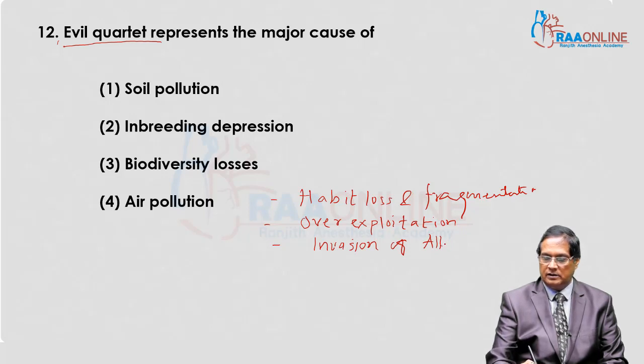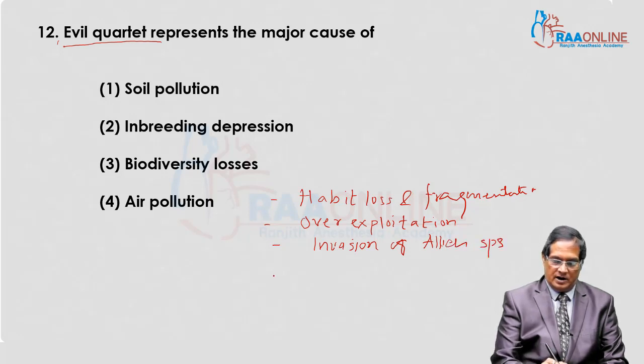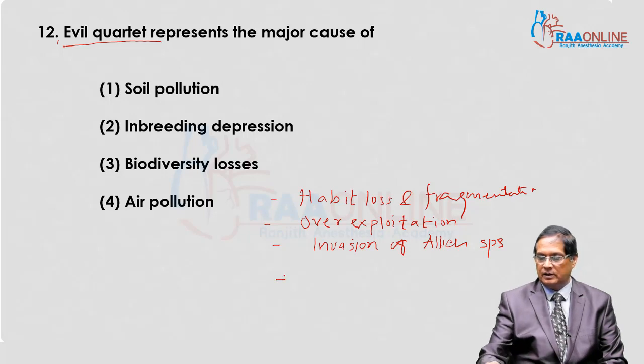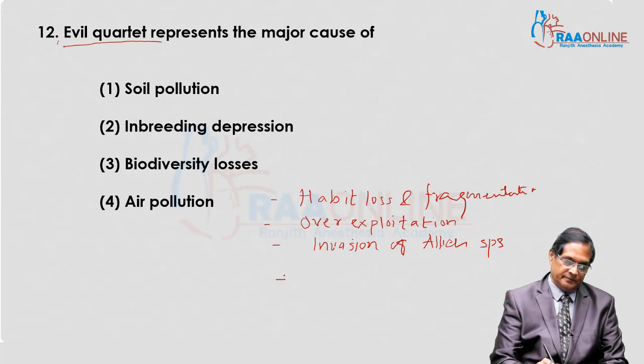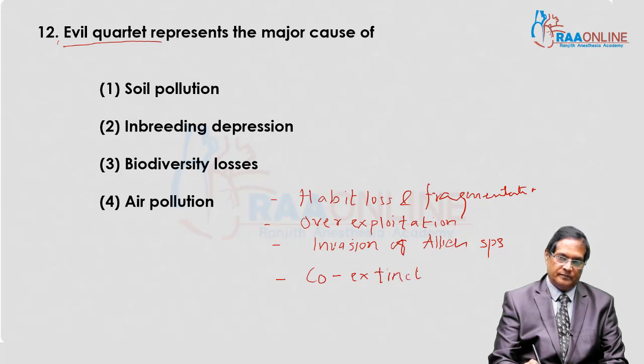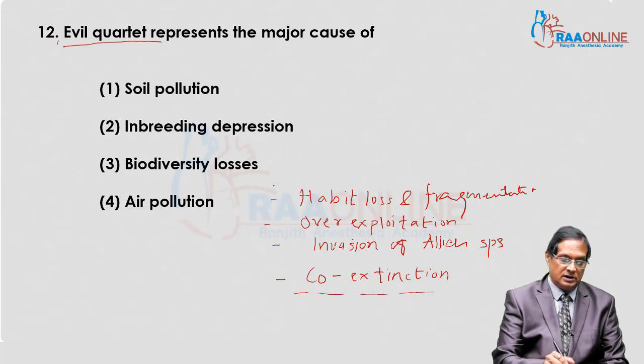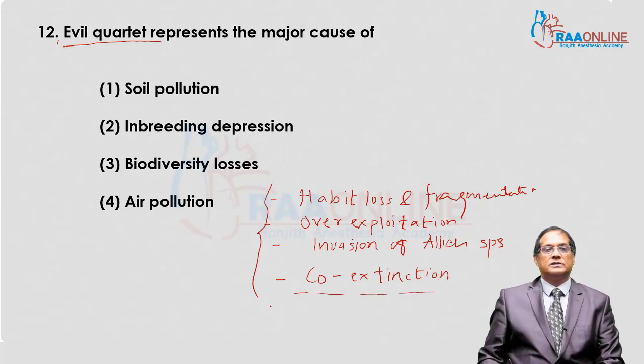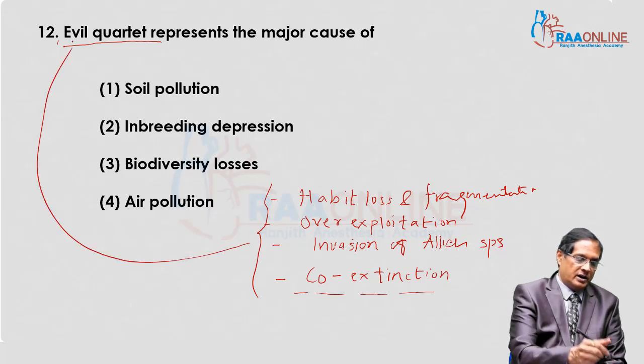Invasion of alien species is there. And the fourth is co-extinction. These are the four major causes of loss of biodiversity in this living world. That's why they are called the evil quartet.